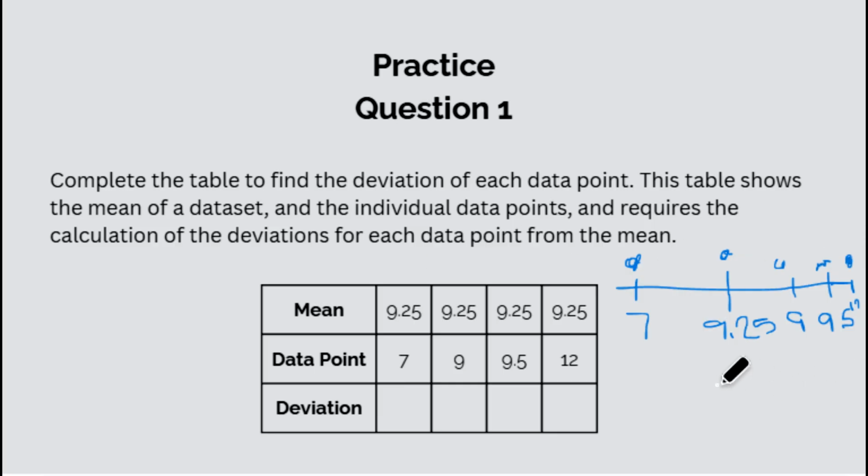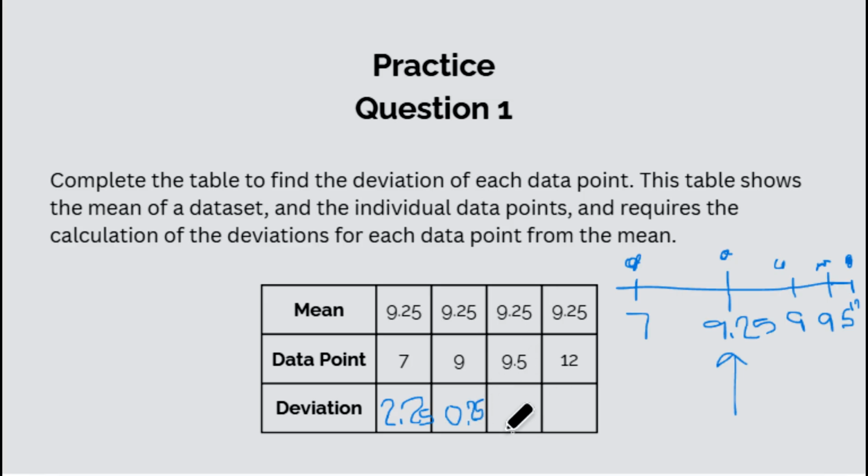What we're trying to figure out is if this is our mean, this is our balancing point, okay? How far away is 7 from that, okay? So 7, 8, 9, 2, and a 2.25. The difference between 9 and 9.25 is 0.25, okay?